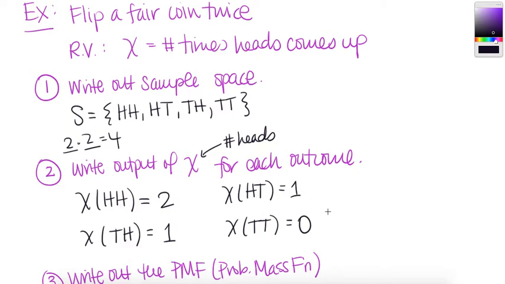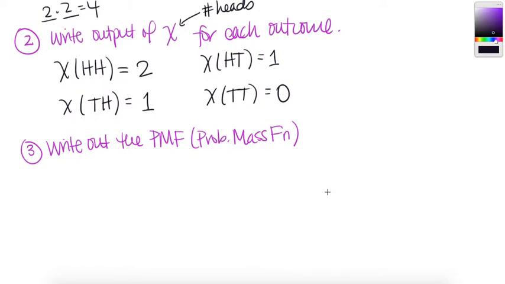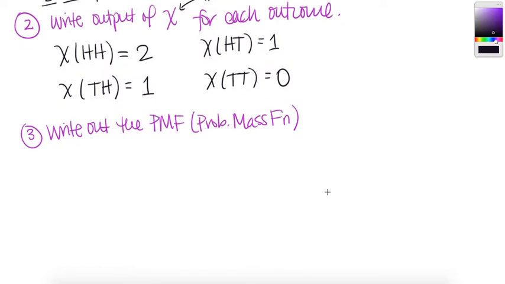Okay. So now we want to write out the whole probability mass function for this. We're going to need these outcomes and what the random variable is for them. And let's remember that our notation here is f of q.